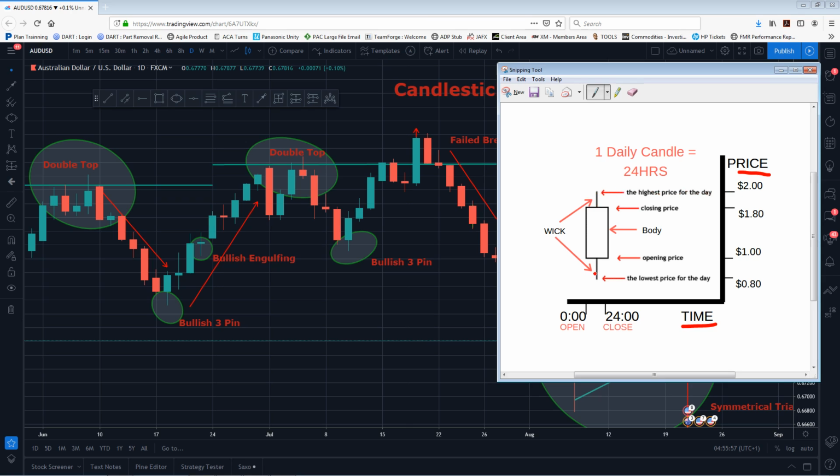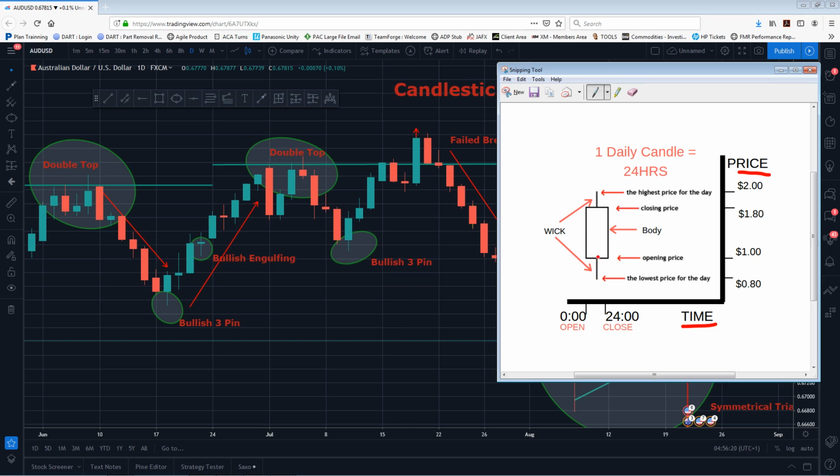And then let's look at the other wick. This is telling us within the 24 hours, because it's a daily candle, the lowest price for the day, which was 80 cents. Now we've looked at the wicks, so let's look at the body. The lower portion says opening price.